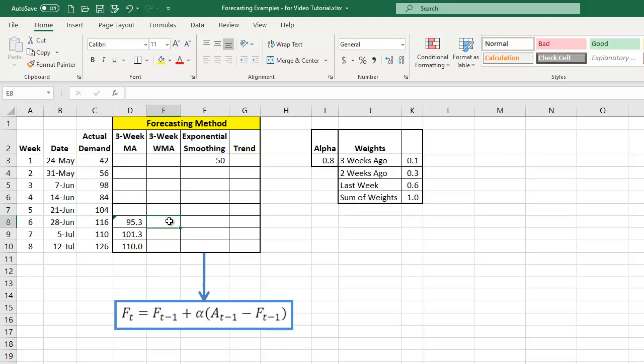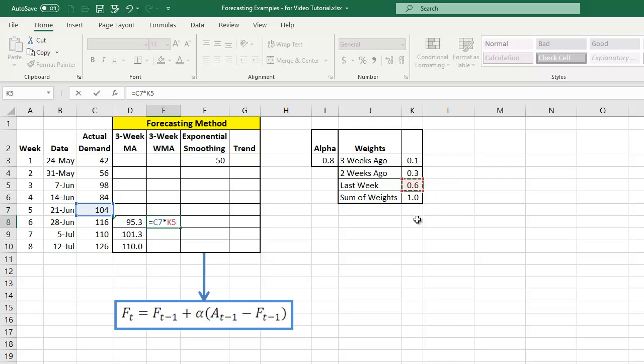To do this, we start by taking the demand from last week and multiplying it by the weight for last week. You'll notice that the 3 weights added together equal 1, and that the weight for last week, 0.6, is twice as big as the weight for 2 weeks ago and 6 times as big as the weight for 3 weeks ago.